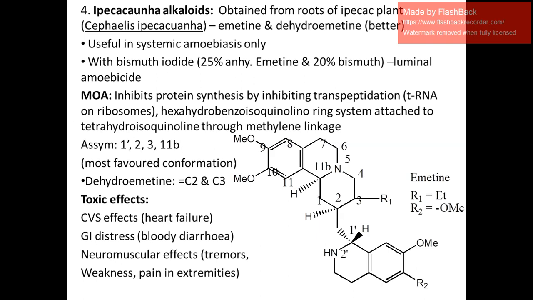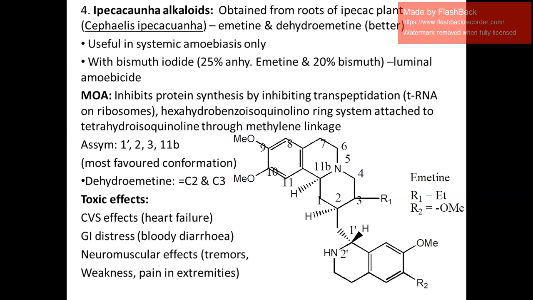It is combined with bismuth iodide. You take 25% of emetine and 20% of bismuth iodide, and this mixture is an effective luminal amebicide. Suppose you want luminal amoebicidal activity from emetine, then you have to mix it with bismuth iodide, because bismuth iodide will decrease its solubility and make it more available in the GIT.